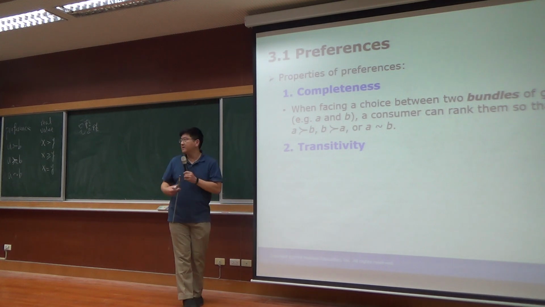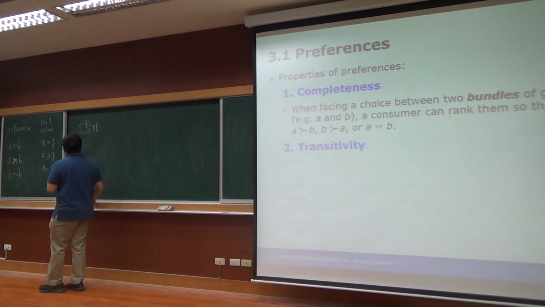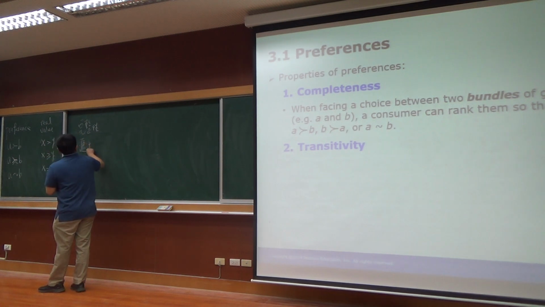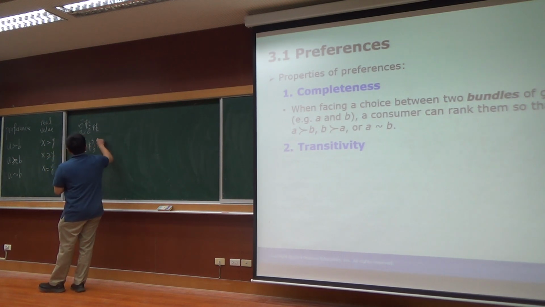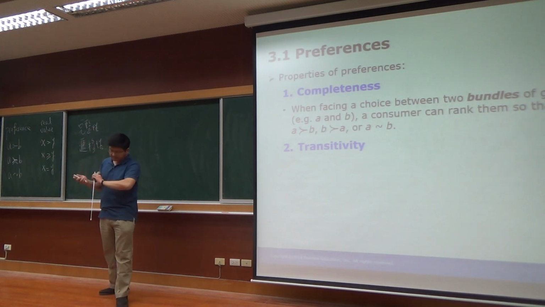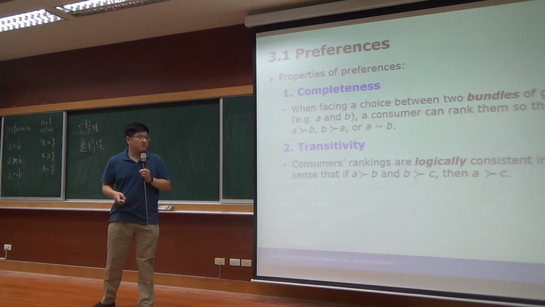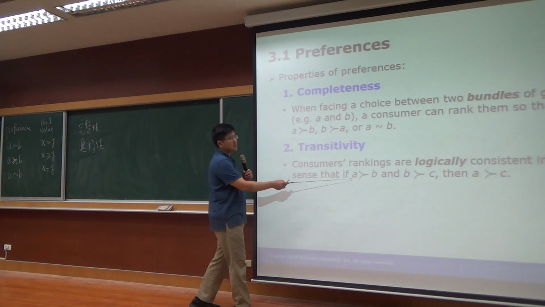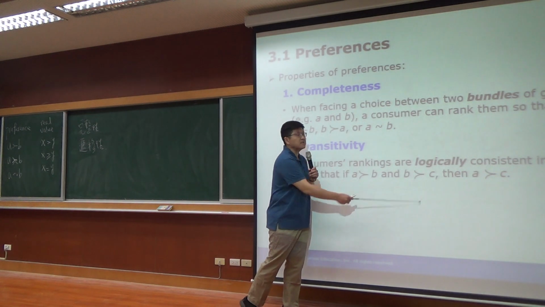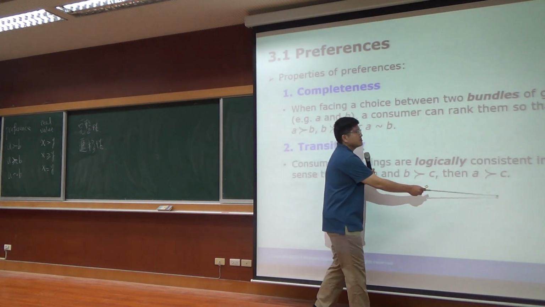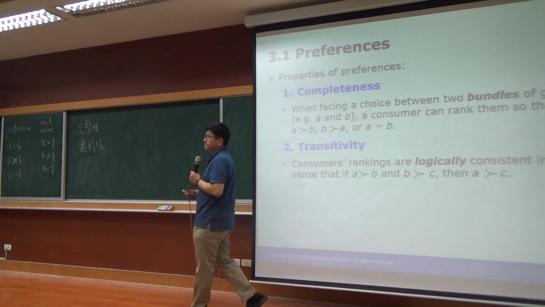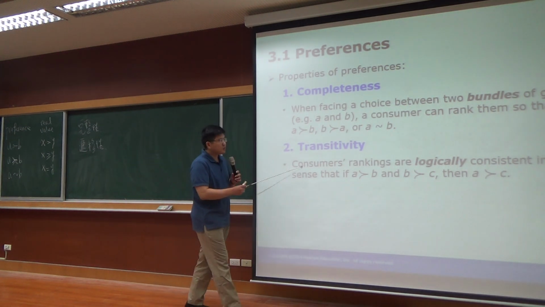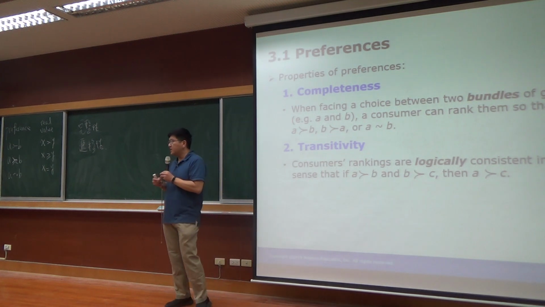And the second property, we call it transitivity. Transitivity is something like this. If you prefer A to B and you prefer B to C, then you must prefer A to C. So your rankings are logically consistent.